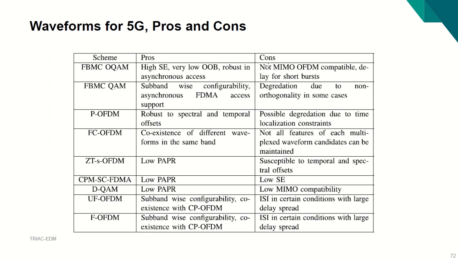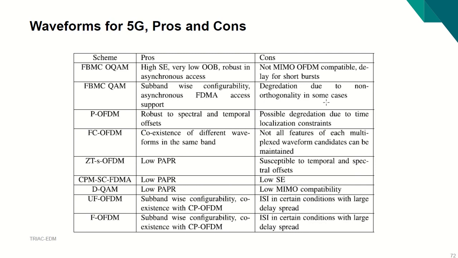Its cons are that it's not MIMO or FDM compatible, and it's delayed for short bursts. And the regular QAM has sub-band-wise configurability, and it allows asynchronous FDMA access.